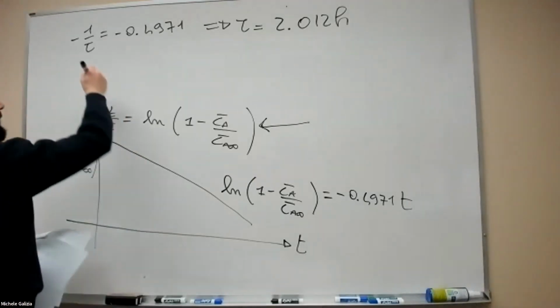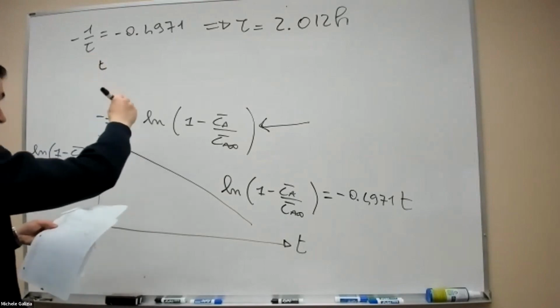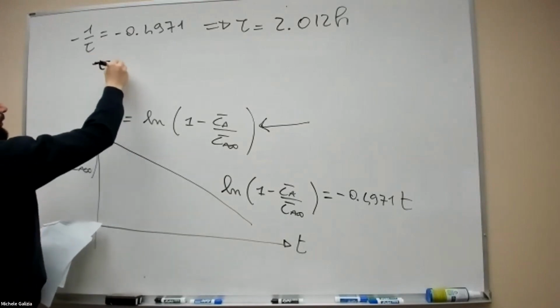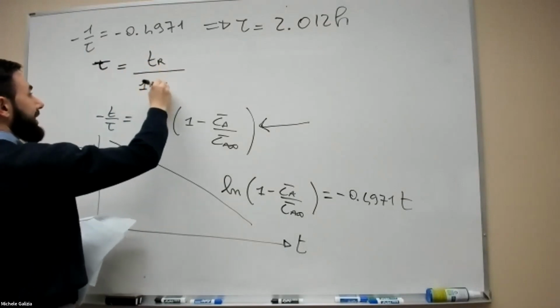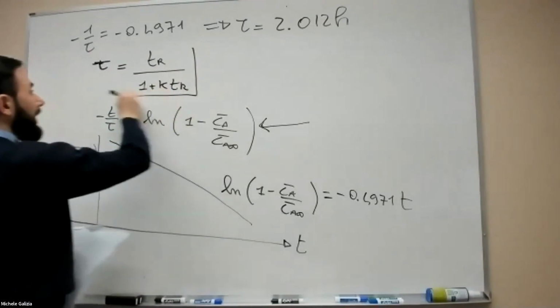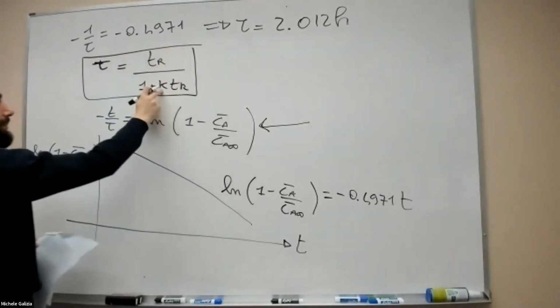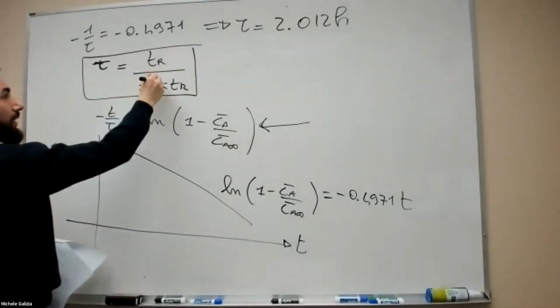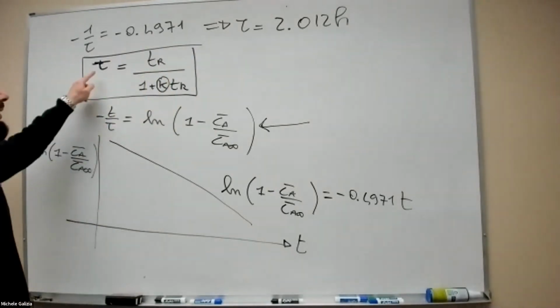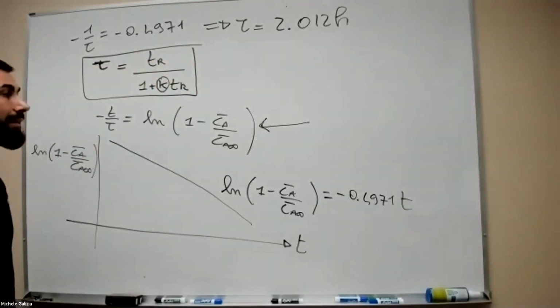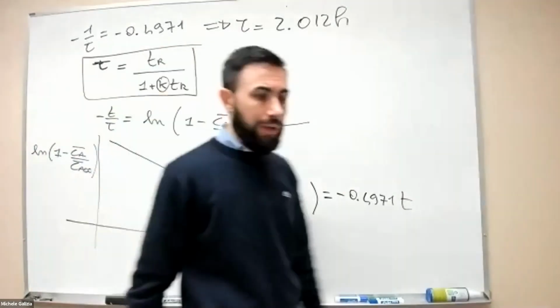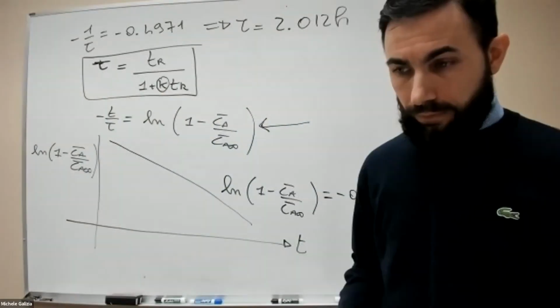So now we need the kinetic constant. What we know is that tau is Tr over 1 plus k Tr, and we have to get k from this expression. To get k, you need tau, which we just calculated, and we need Tr. Can we calculate it? Yes.